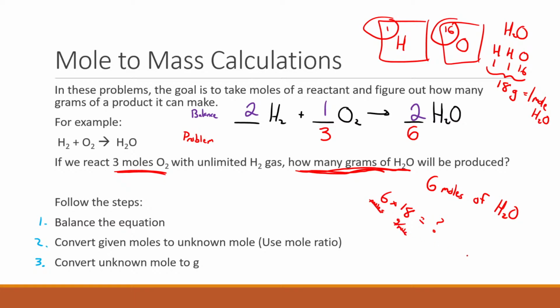Moles cancel out, leaving us with just grams and a wonderful number of 108. Nice. And so our answer here is not 6 moles of water. Our answer here is 108 grams of water.